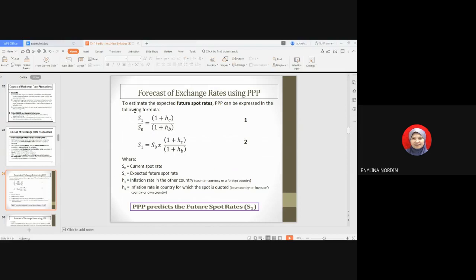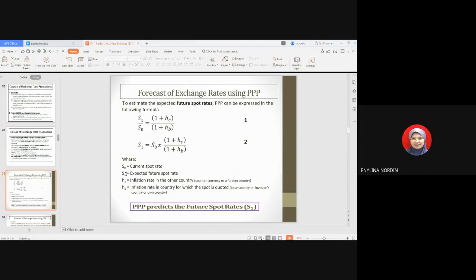To estimate the expected future spot rate under PPP, we make use of this formula: S1 divided by S0 equals 1 plus IC divided by 1 plus IB. What is S1? S1 is the expected future spot rate. This is what we want to calculate.